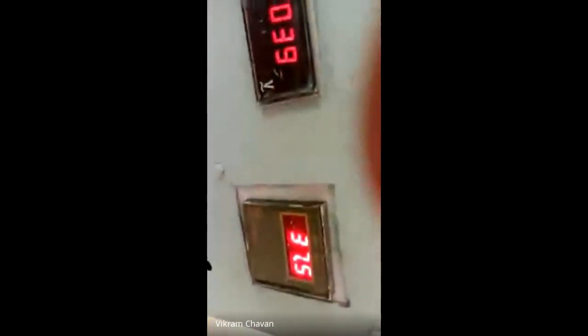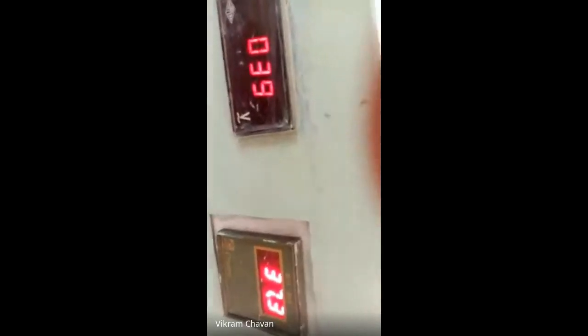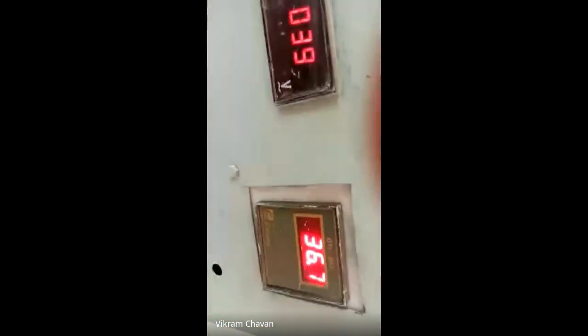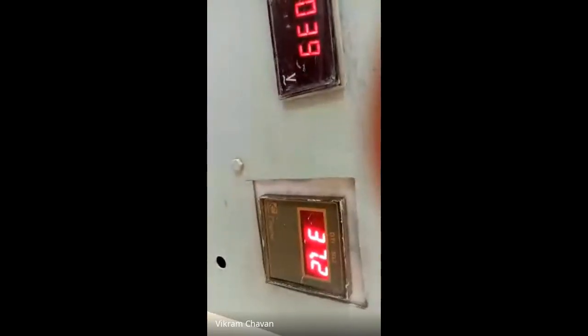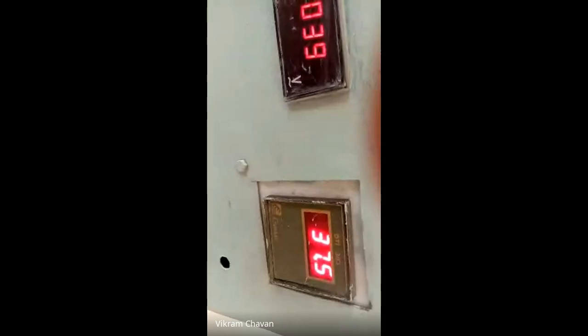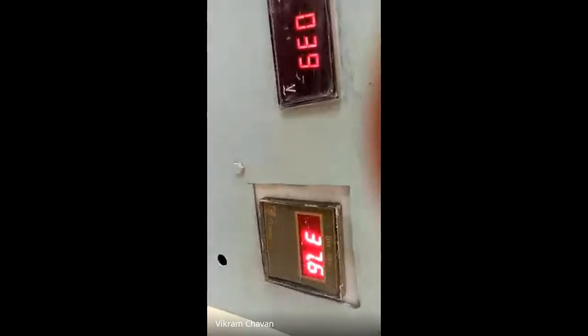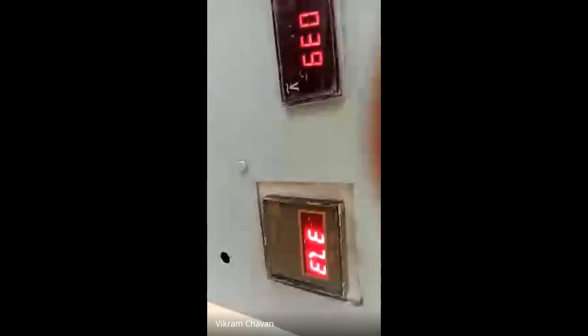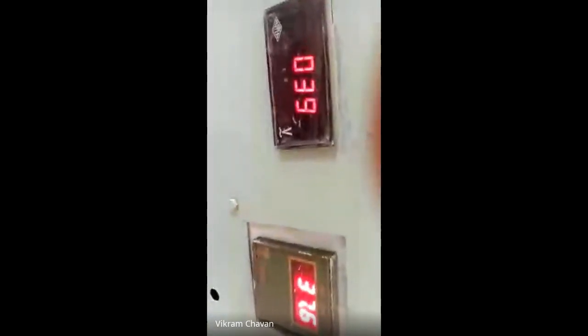Then the second one, T2, is 37.3. The third one is 36, and 37.3. The fourth one is fluctuating between 37.6 and 37.3. You can take 37.6.